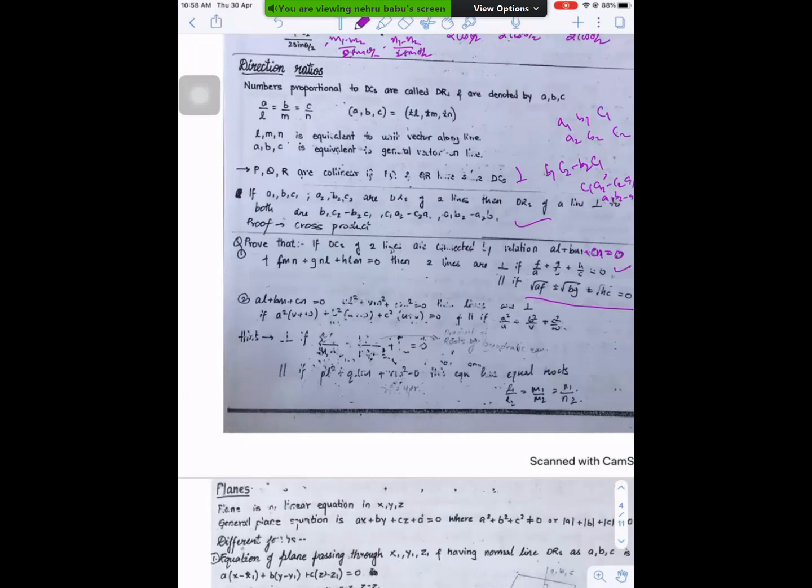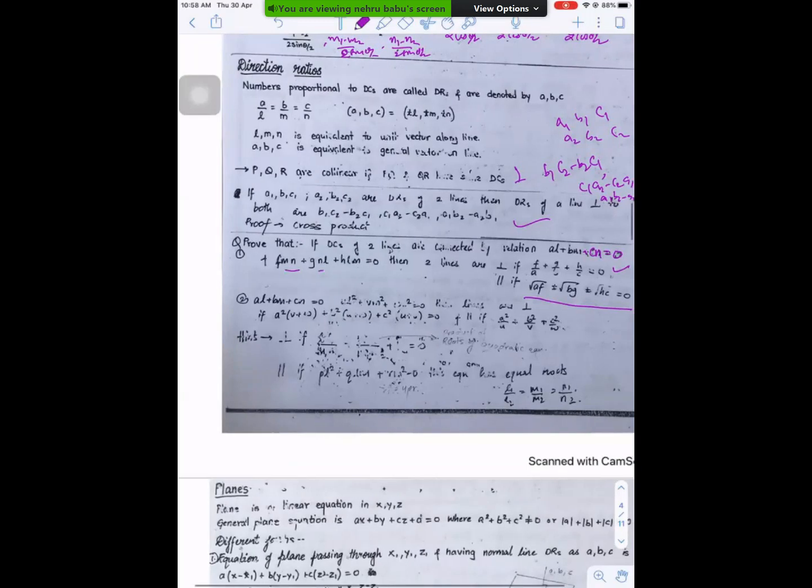So we have discussed two types of problems. When MN, NL, LM is given, we discussed. One more is when L square, M square, N square is given, we also discussed that problem. AL plus BM plus CN equal to 0 and UL square plus VM square plus WN square equal to 0.